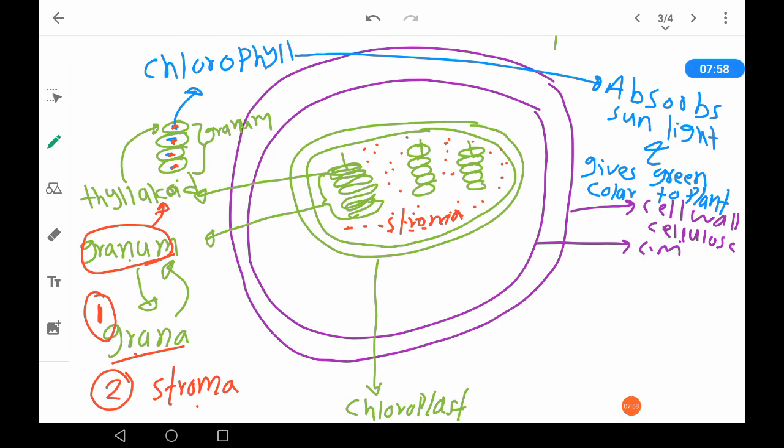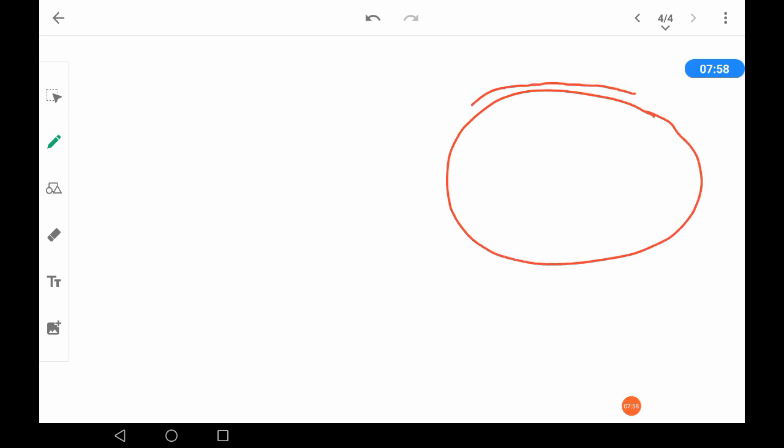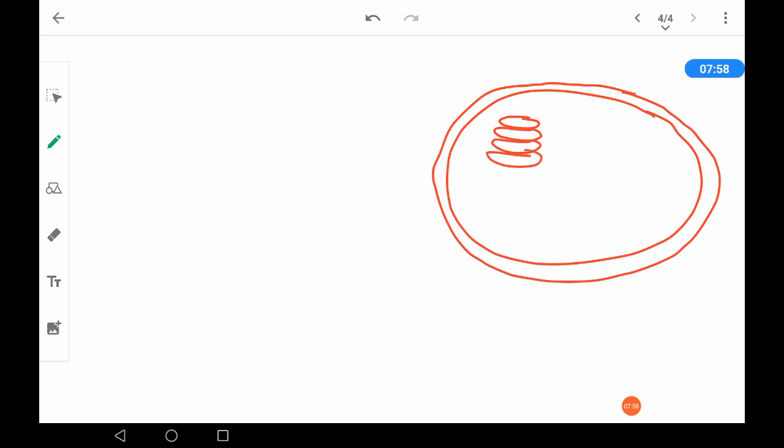So now let us move to the next slide and let us know what are these two reactions of the photosynthesis. So we said that we have a chloroplast, it's a double membrane organelle. It's made up of many membranes. Each one we called thylakoid. I will write by th. All of the thylakoids we called granum, and we have many granum.